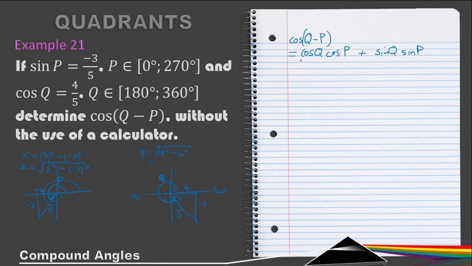Now since we have these on their own, we can use our triangles to determine cos P and cos Q, and some of them we're already given.